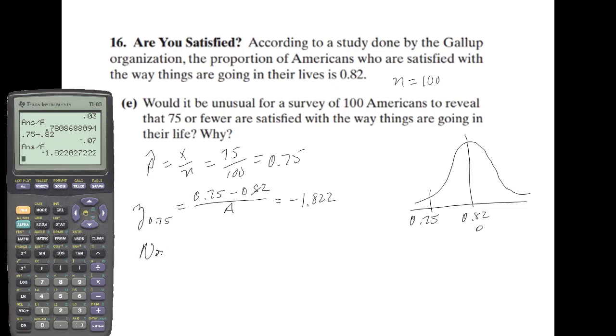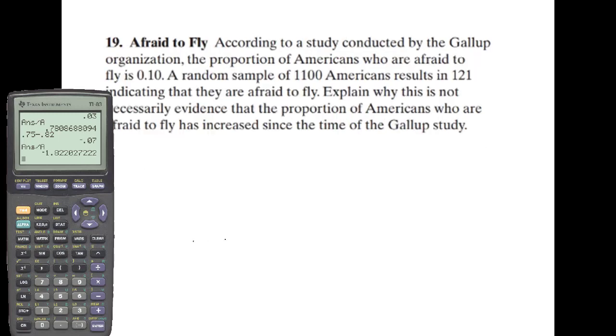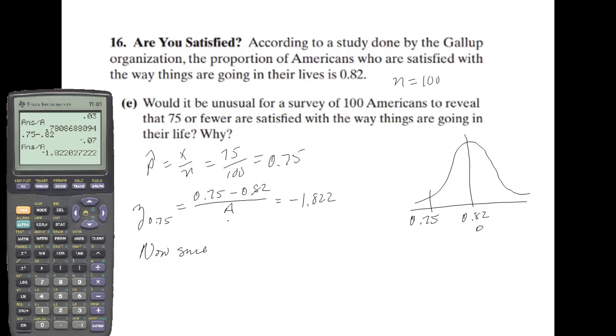Now, since z of 0.75 equal to negative 1.822 is greater than negative 2, it would not be unusual to see 75 or fewer satisfied.